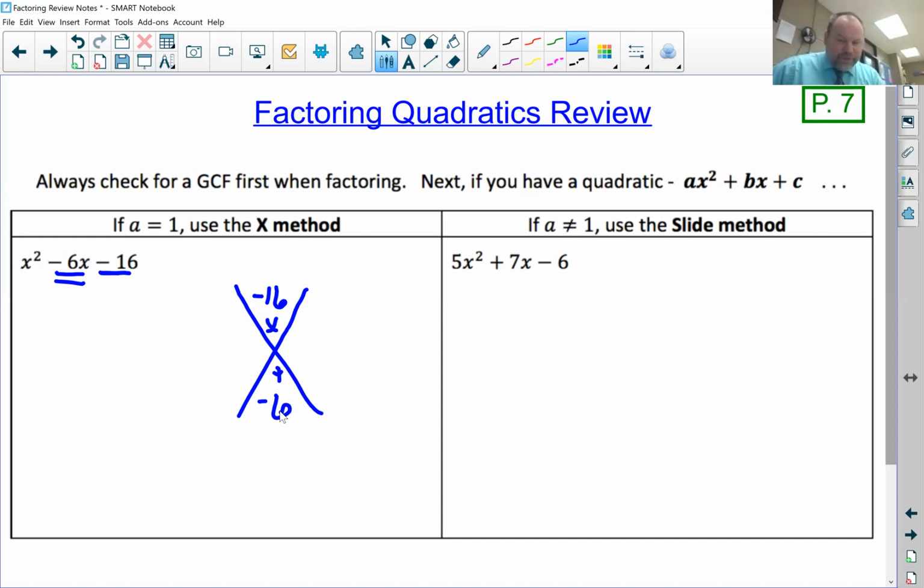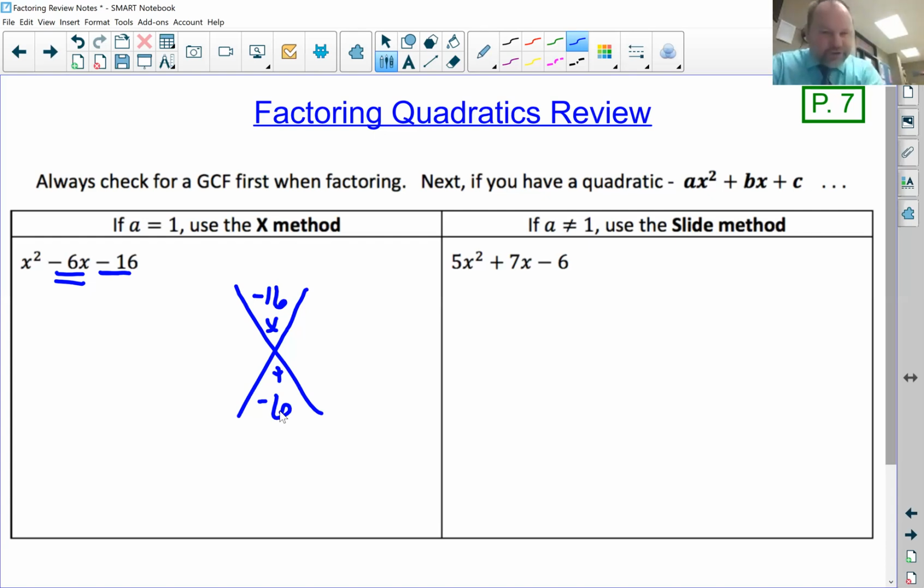And so because they multiply to a negative, we know we have to have a positive and a negative value. And they have to add to a negative number, so the negative has to be the larger of the two factors.